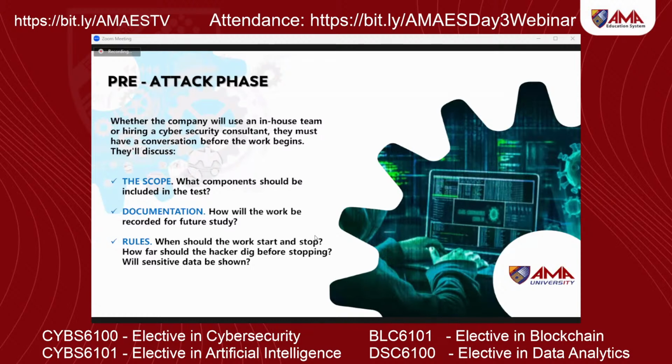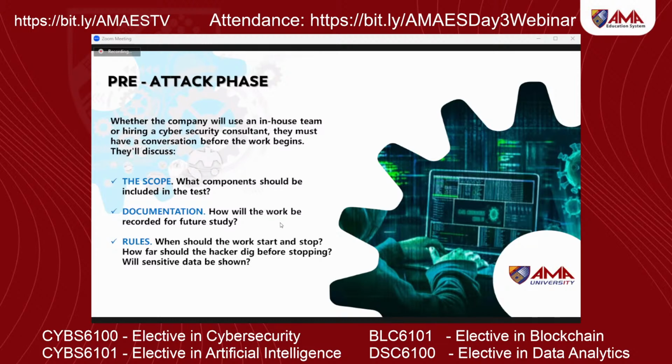What components should be included dun sa test? Number two, of course, paano ito i-document? So how will the work be recorded for future study? Okay, so important yan kasi they will use this documentation as a future reference, if ever that attack will be repeated in the future.